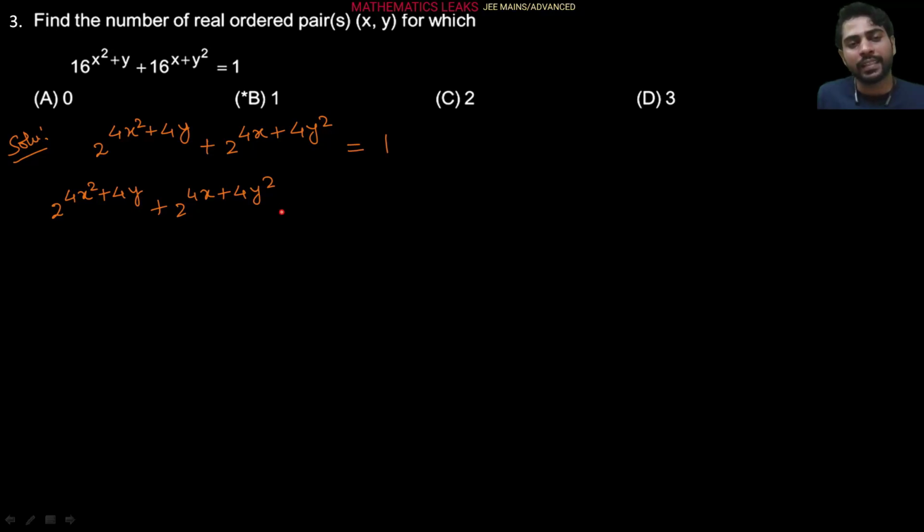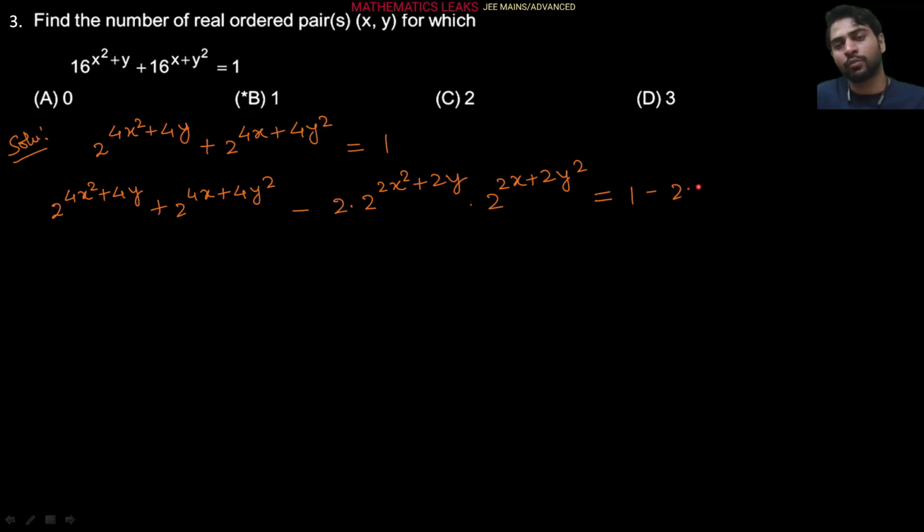And as I said, I am subtracting 2 times 2 to the power 2x square plus 2y into 2 to the power 2x plus 2y square. Same thing on the right side also: 1 minus 2 into 2 to the power 2x square plus 2y into 2 to the power 2x plus 2y square. Right, now you can write it like this.